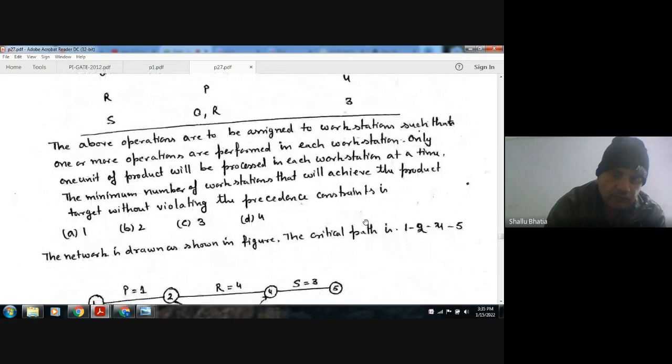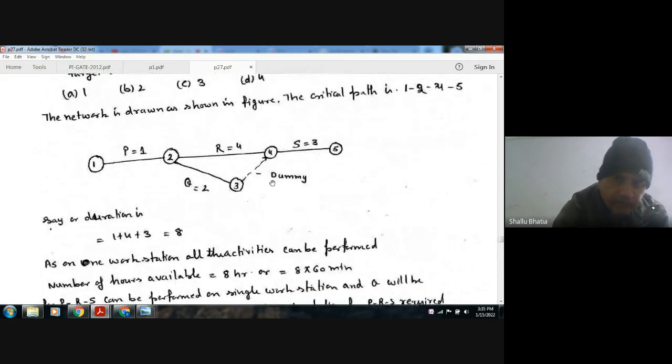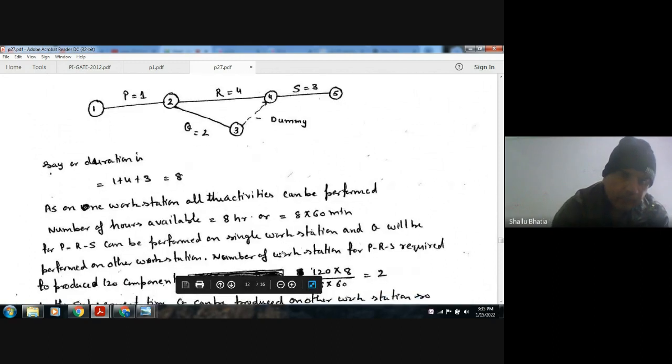For this, the time is in minutes. Okay, so this time is in minutes. So one component takes 8 minutes here, and the time available on one workstation is 8 into 60. Okay, and this is the time for one job. So 120 into 8 will be the time for 120 units.